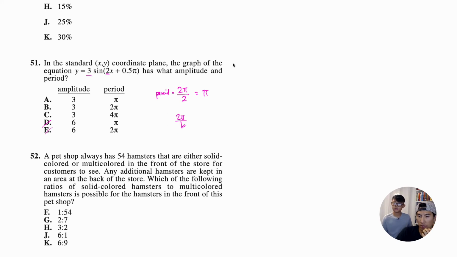So if we have y equals a sine of (bx minus c) plus d, then 2 pi over b is your period. You just need to know that for sine and cosine. For tangent, it's pi over b.